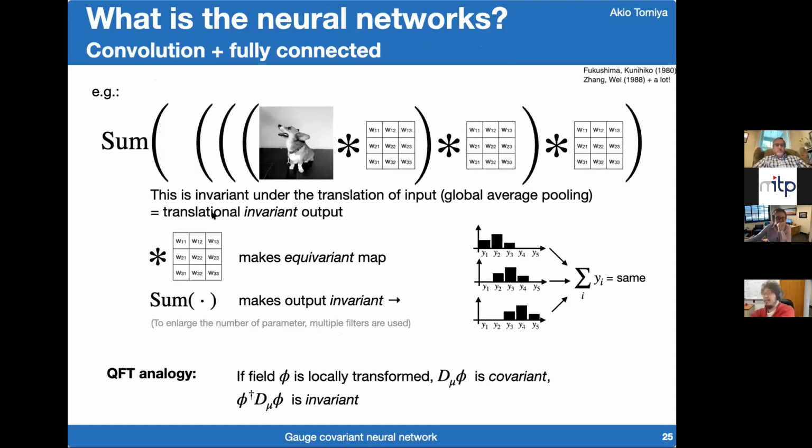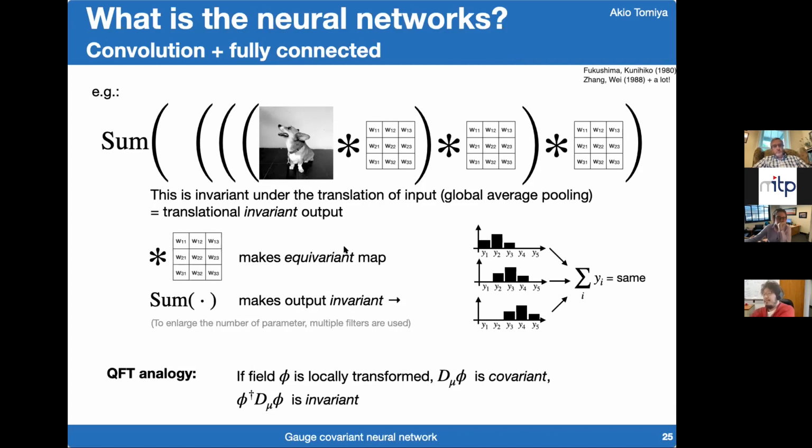And of course, after a bunch of convolutions, we can sum up the outcome of this stacked convolution. Then we get the invariant output. So translational equivariance makes the translational invariance.